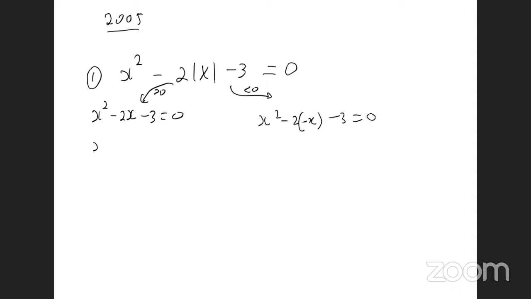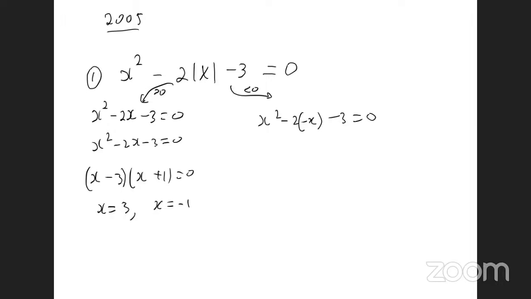So we're actually solving this here. This could factorize. X minus 3, x plus 1. So we'll get x is 3 and x is minus 1.